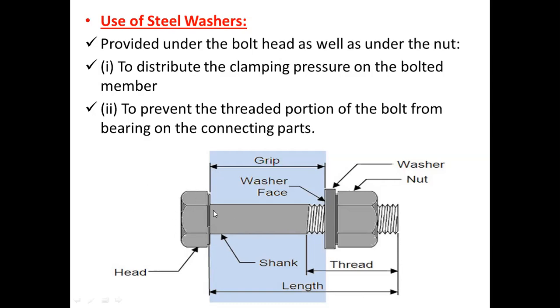First is the head, another is the shank portion. At the end of the bolt, threaded portions are available. Shank portions are available in the middle section, and the head is at the top. And the washer is provided to distribute the clamping pressure, and it is sometimes provided at the bolt head as well as under the nut, because of which the grip is achieved, right?